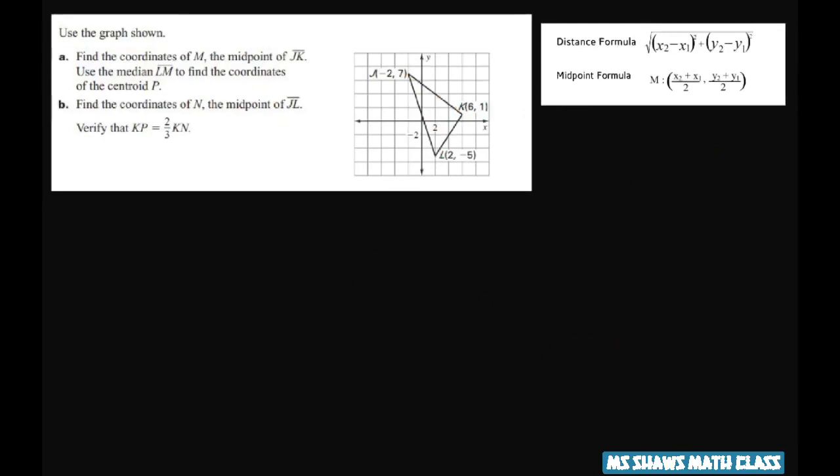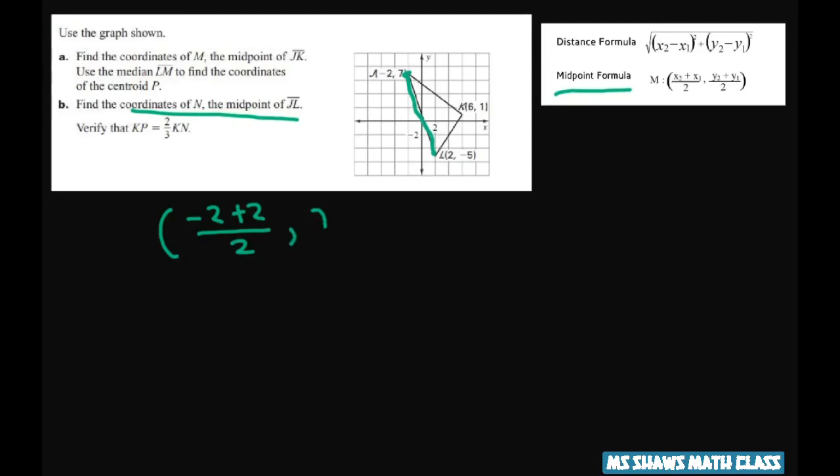Now we need to find the coordinates of N, which is going to be the midpoint of JL. So again, I'm using my midpoint formula. So add your x's and then add your y's.